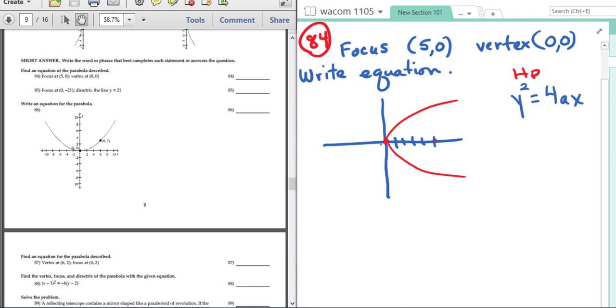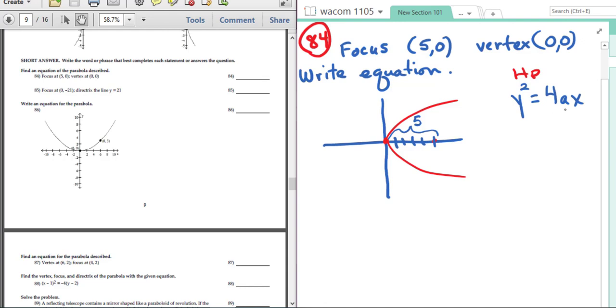Our distance here. So the distance from the vertex to the focus is going to give your a. And that is 5 spaces. This one opens to the right, so it's not going to be negative. You're just going to count the 5 spaces.